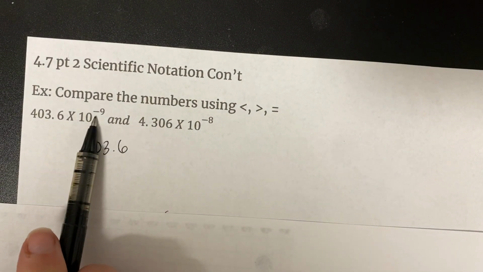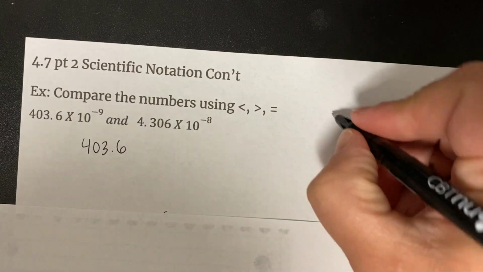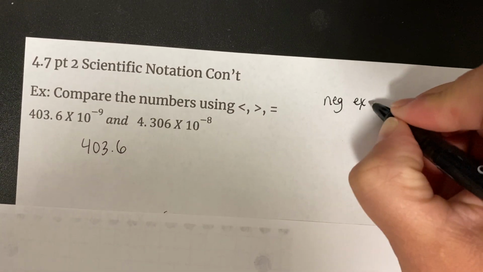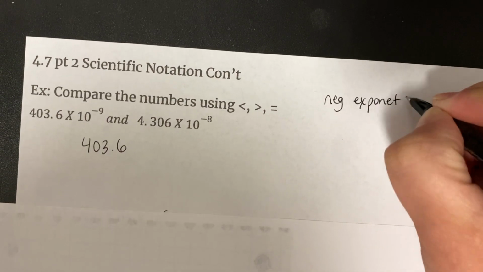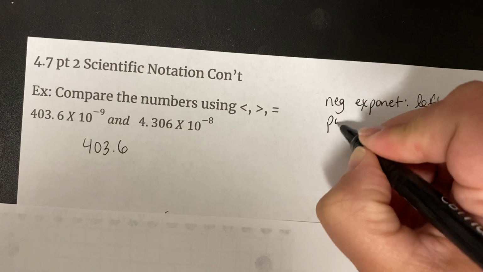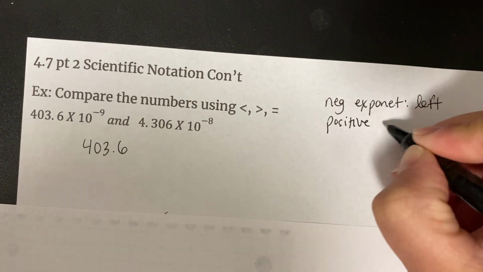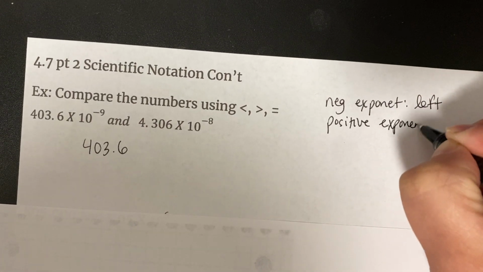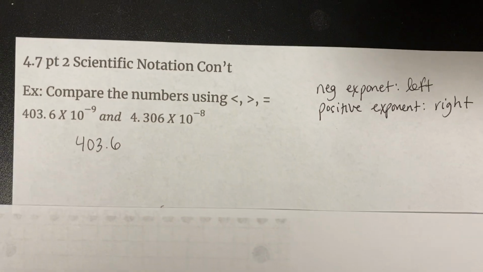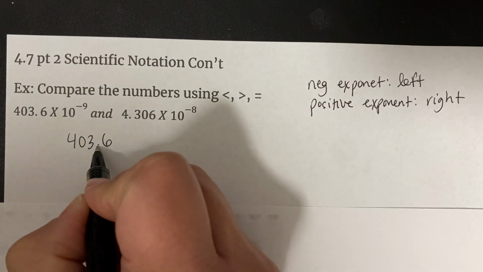403.6 times 10 to the negative 9. Remember, when you have a negative exponent, you are going left. And if you have a positive, your decimal place is moving right. Okay, so negatives.